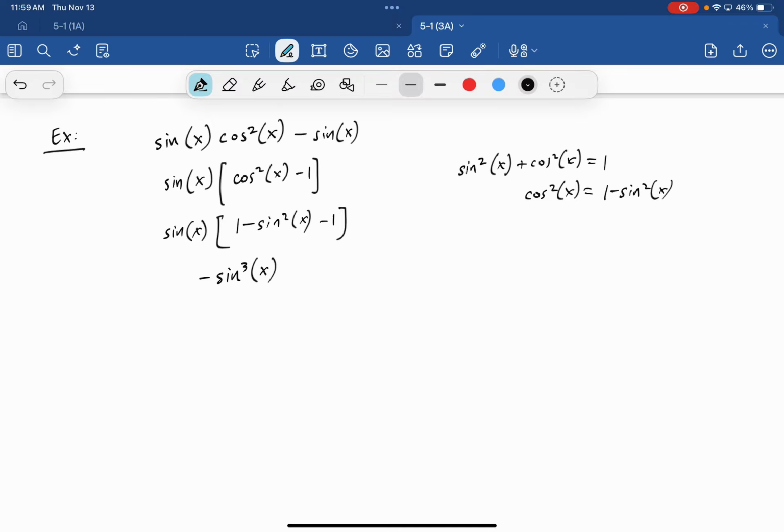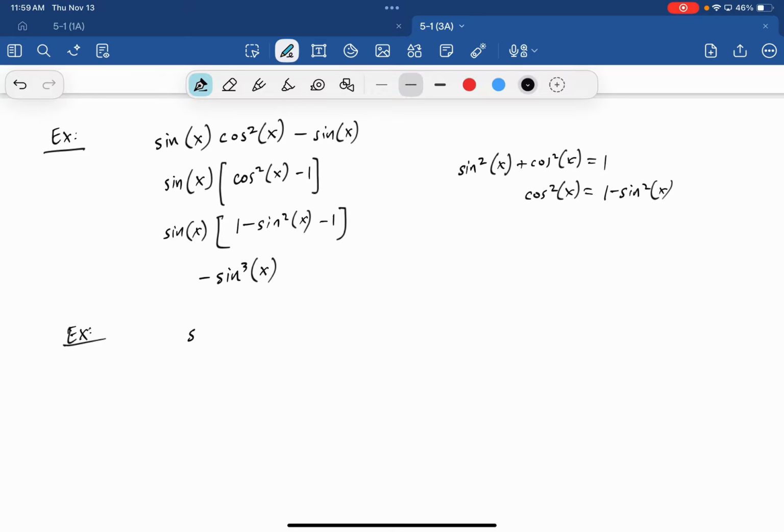Any questions? So it's good to always factor first, and then try to see if you can use a Pythagorean identity somewhere. Questions? Last one, then classwork.